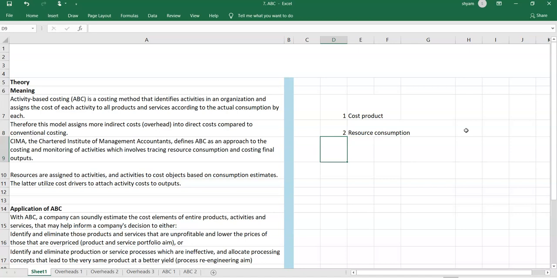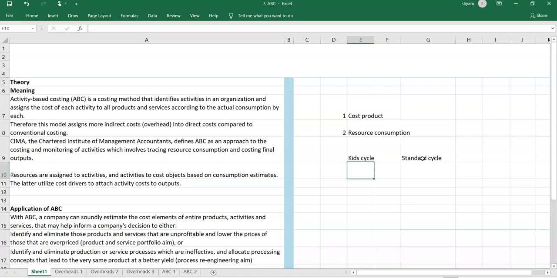Assume that we have two products. We have a kids cycle and we have a standard cycle. The kids cycle has to be very detail oriented, and safety has to be much better than a standard cycle.